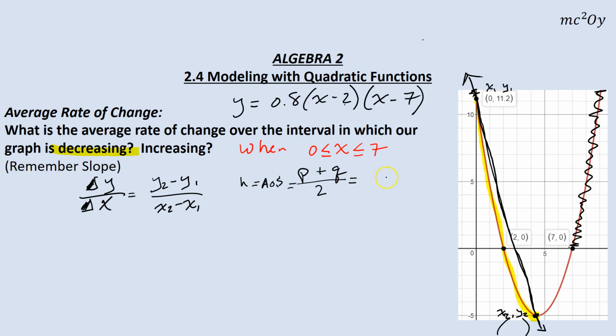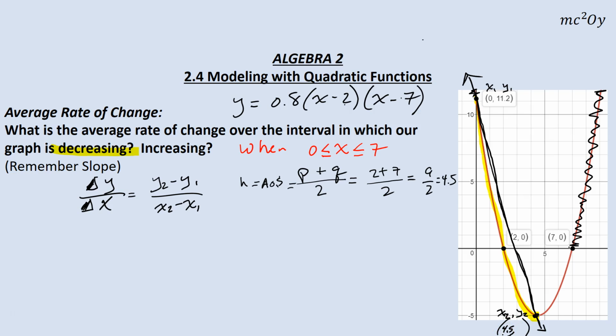So I could go ahead and substitute the pieces in here. P is 2, q is 7, divided by 2, that's equal to 9 over 2, or 4.5. So 4.5 is the h value of my vertex.